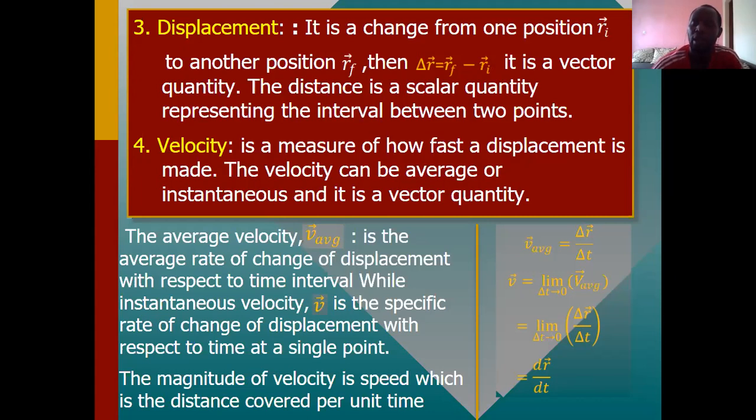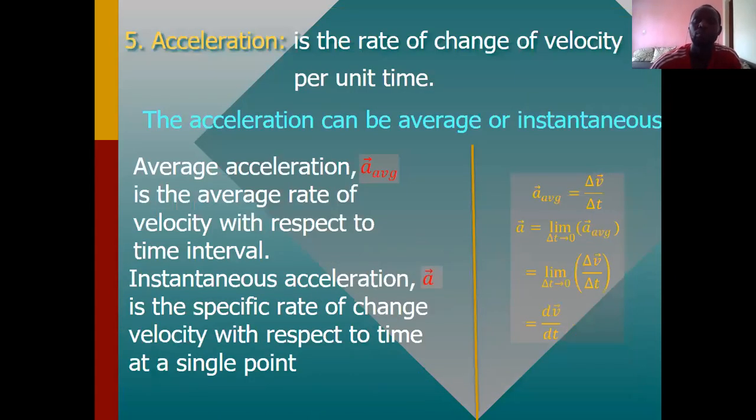As you know, the average velocity is equal to Δr over Δt. When you replace it in the formula for the limit, you get the definition of a derivative. So the instantaneous velocity is the derivative of displacement with respect to time.